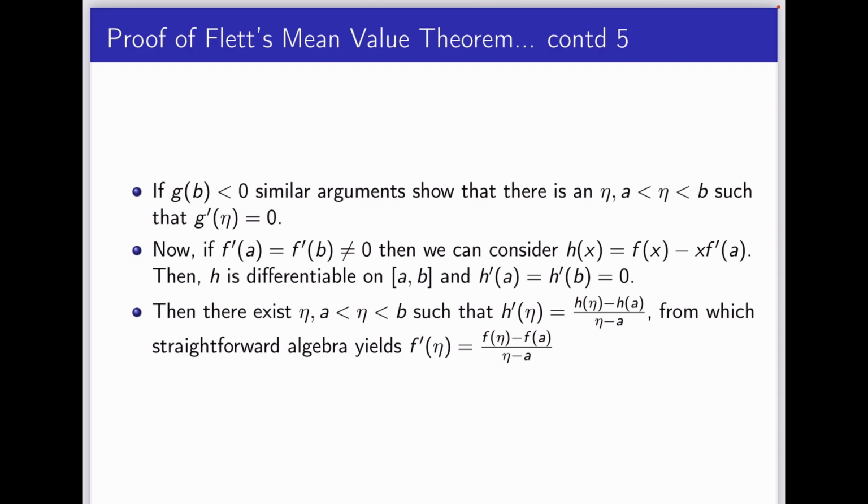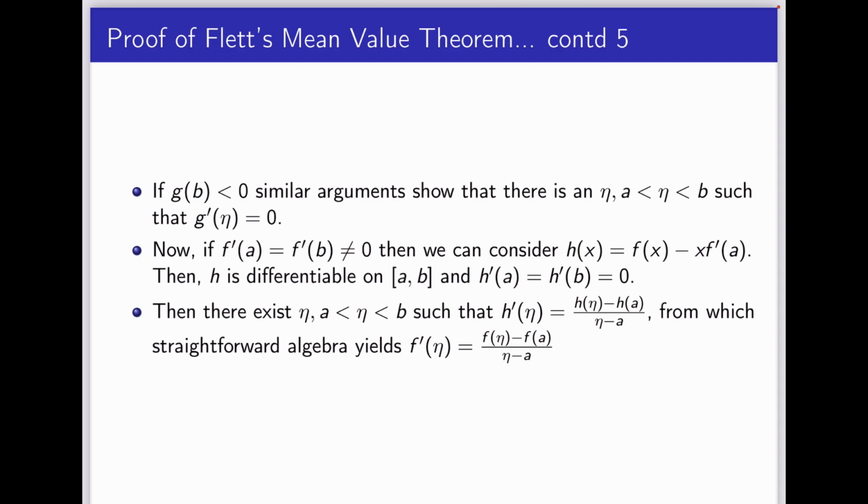Then h is differentiable on this closed interval [a, b], and you can easily check that h prime a equal to h prime b equal to 0. So we are back to the condition under which we have proved Flett's mean value theorem already.